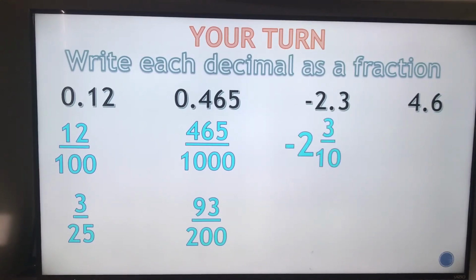So I write it as -2 3/10. I can't simplify 3/10. But what I can do now is 10 times 2 is 20, plus 3 is 23. So that really I have -23/10.